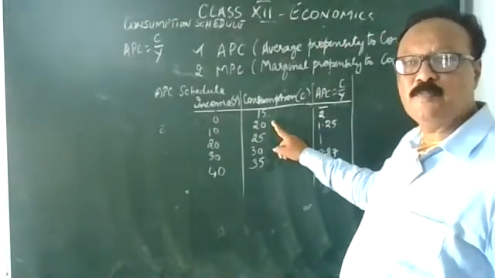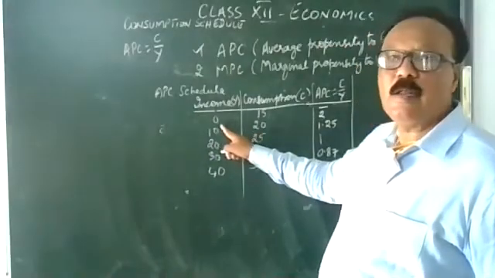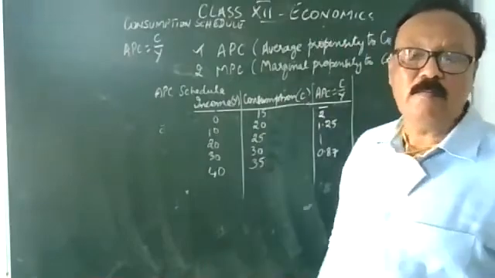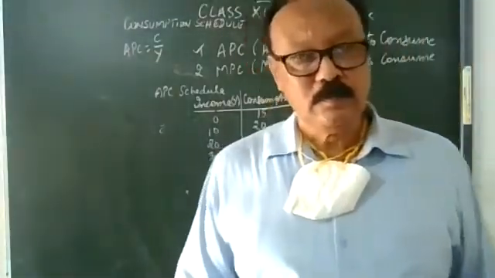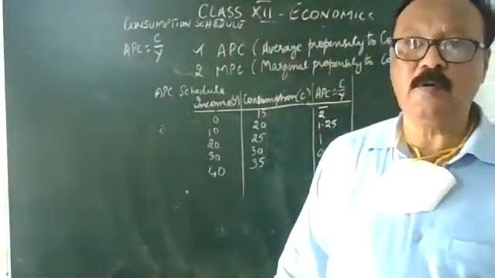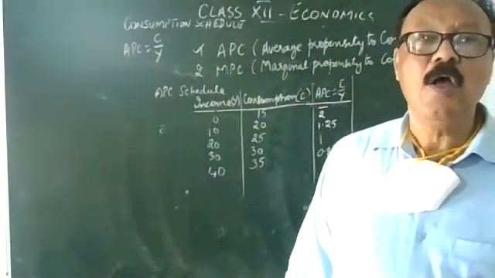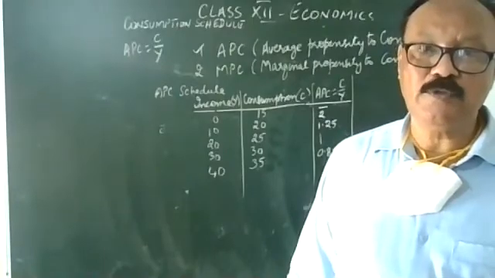And how does he do that? Through taking money out from his savings or by borrowing money, which is termed autonomous consumption.